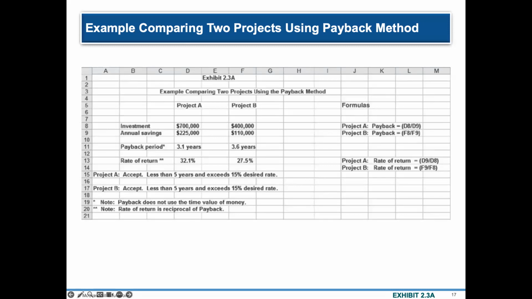So, if your criteria is to accept a project that has a payback of less than 5 years and the desired rate of return exceeds 15%, obviously, projects A and B would be accepted because both projects get to recoup the amount invested within 3 to 4 years.